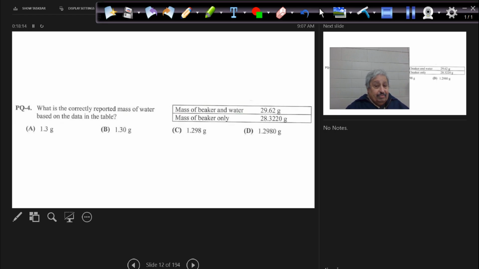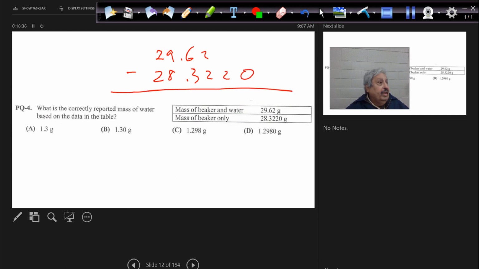So I have to subtract those 2 values from each other. 29.62 minus the beaker only, 28.3220. Now, in the rule of addition and subtraction, the answer has the least digits after the decimal.